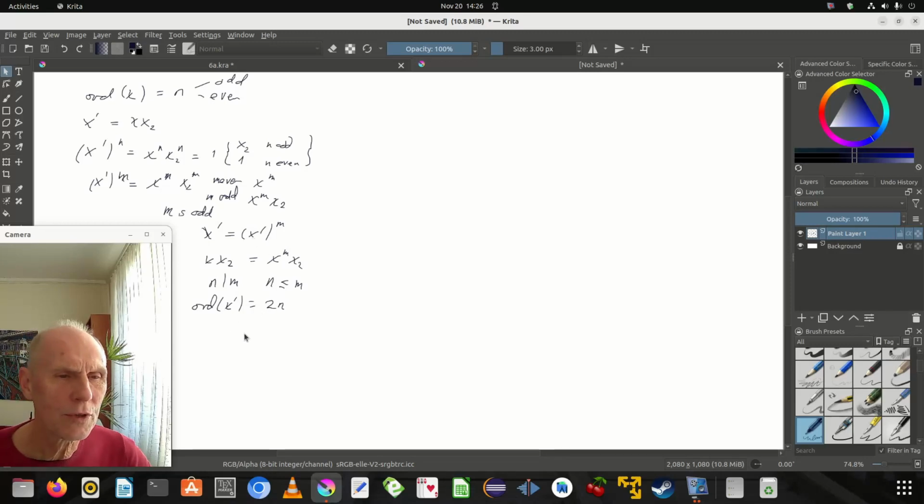So I have to prove that there is no other in between. Oh, that's because of this one. When it can't be m itself, then the next possible one is 2m. So that's the first result. When n is odd, then the order of chi 2 equals 2n.